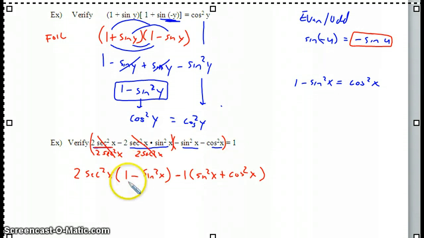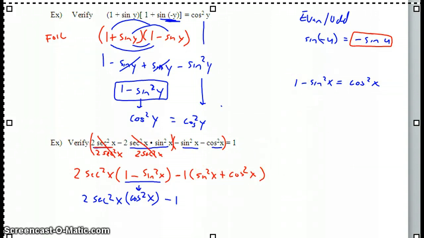What I notice next is that if we go back up here, that's the same thing as cosine squared. It's a Pythagorean identity, so I'm going to change this into cosine squared. Bring down the rest of my problem: 2 secant squared x minus, and then over here, sine squared plus cosine squared, that's the same as 1. How do I know that?